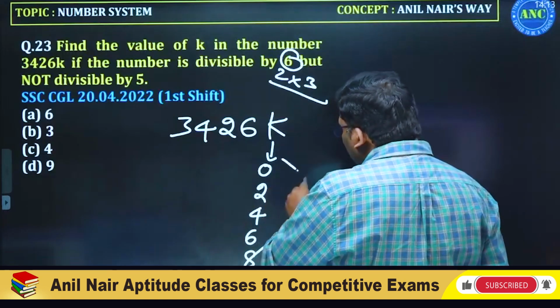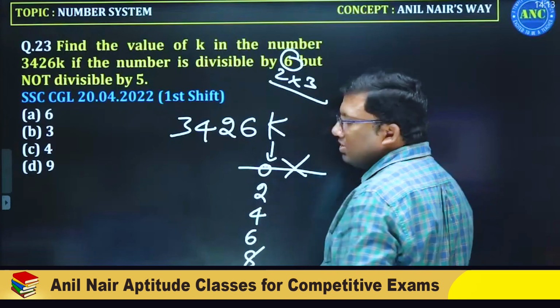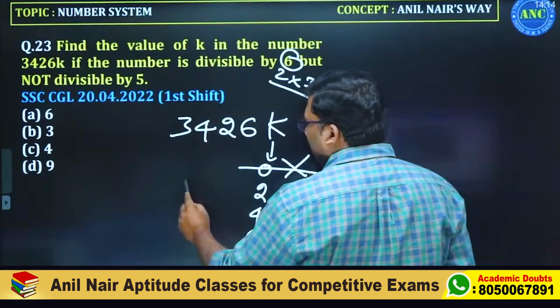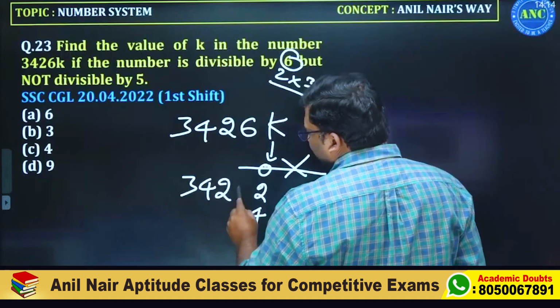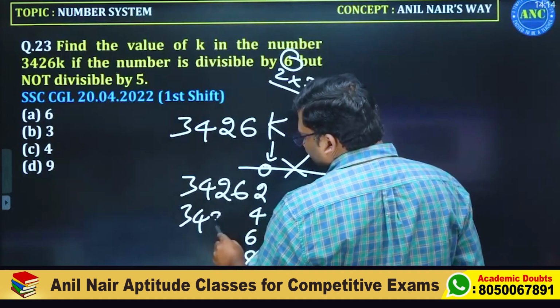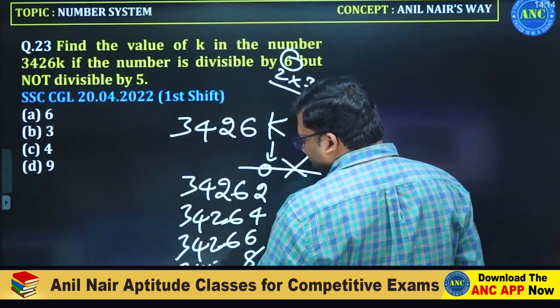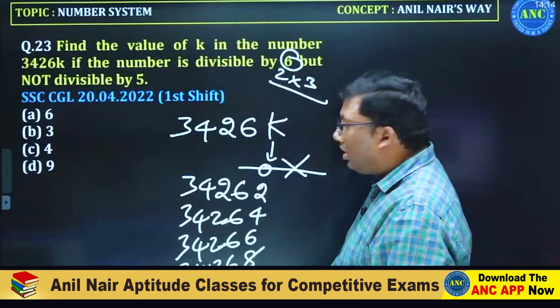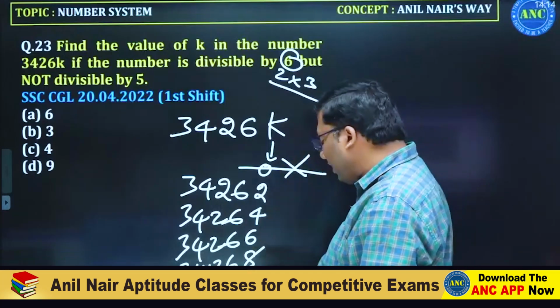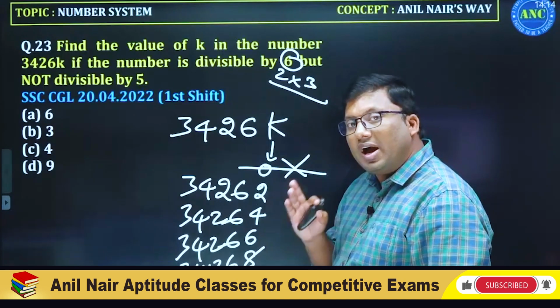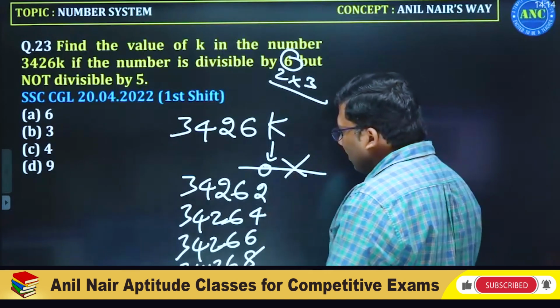And not divisible by 5. So k cannot be 0. That means the number can be 34262, 34264, 34266, 34268. Number has to be divisible by 6, which means it should be divisible by 2 as well as 3.